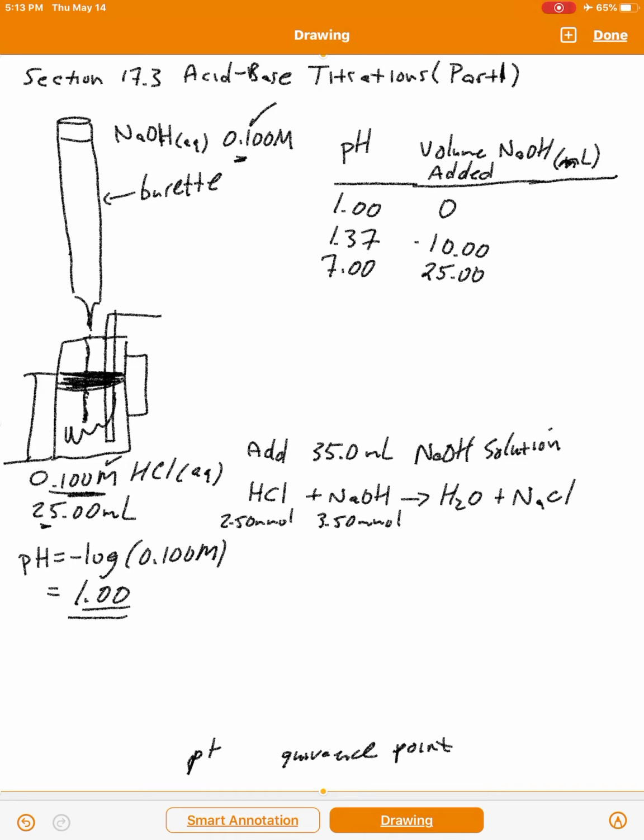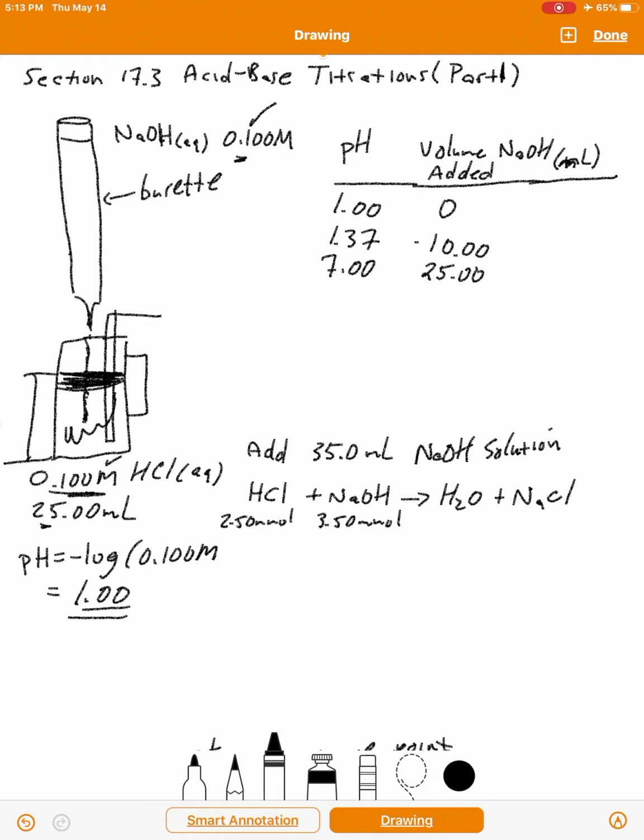So we subtract the smaller. Let me actually make a little more room over here. So minus 2.50, minus 2.50, 1.00, 0.00. So this is 0.